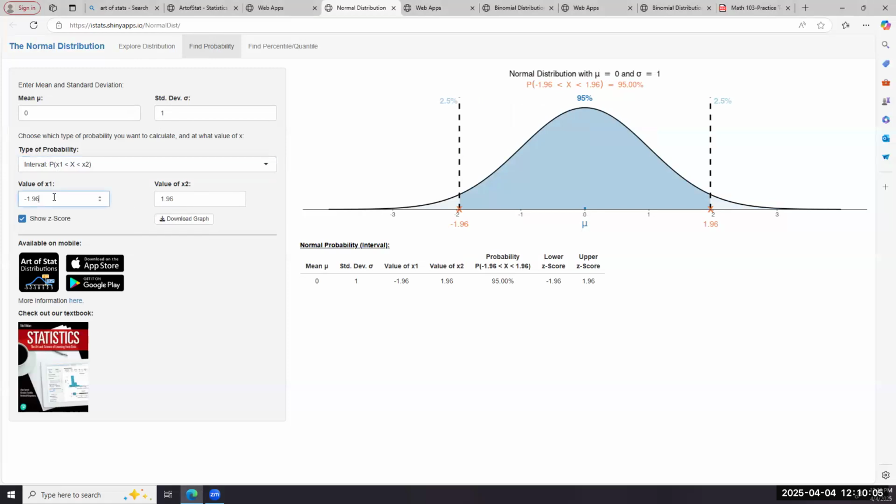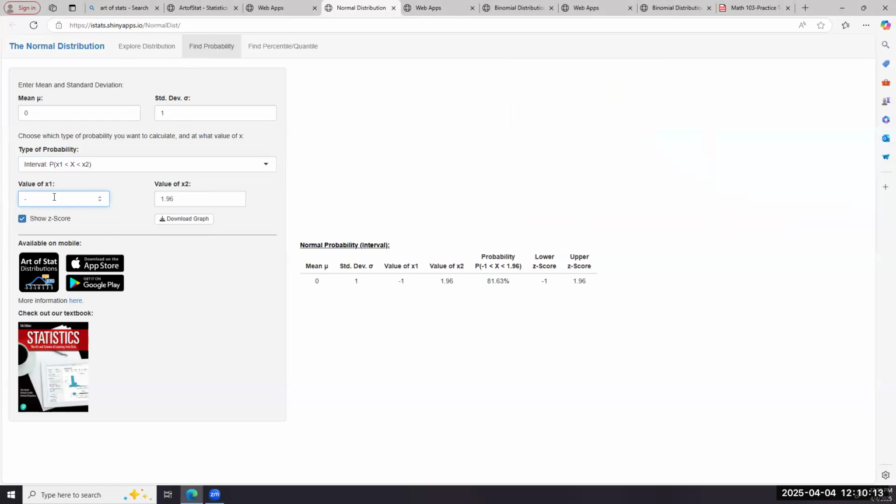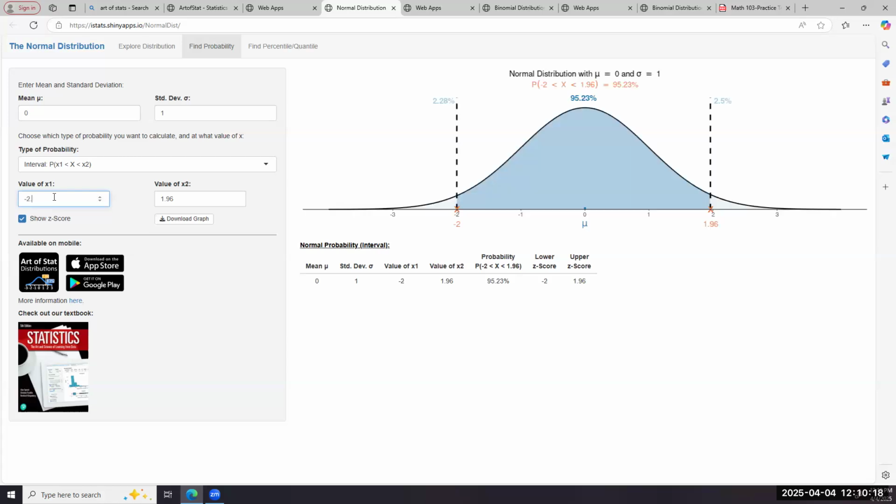The value for x1, the smaller one, is negative 2.18. Okay, that's for x1. Then for x2 it is 1.34.